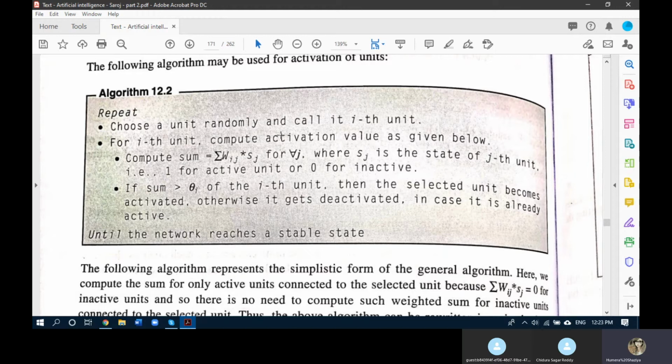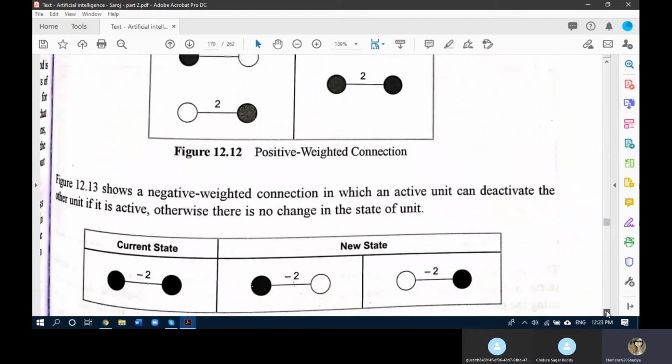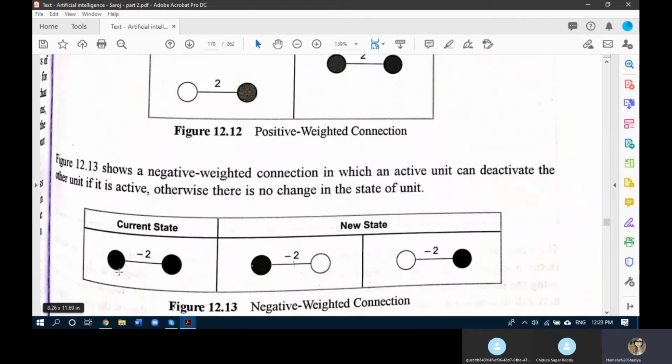Choose a unit randomly and call it ith unit. In this example, first this i can be considered as ith unit, or jth unit can be considered as ith unit, in the sense that we may begin at this unit or at that unit.